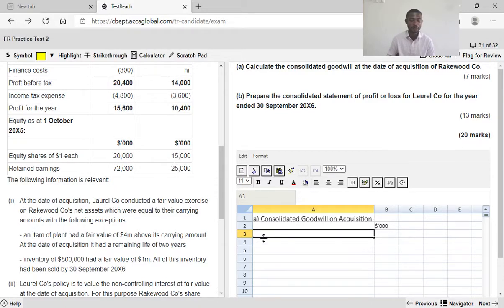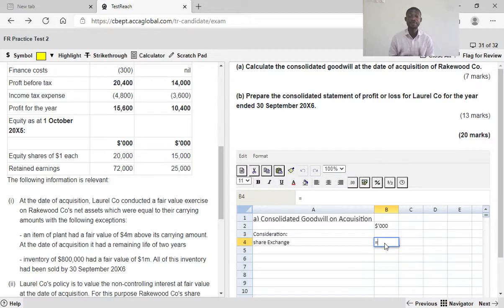So what we need to do here is bring in our consideration. I'll have consideration, and I'll bring in a column, and under consideration I have share exchange. I'll type share exchange quickly, and the formula, which will be in cell B, I'll start with equal to.